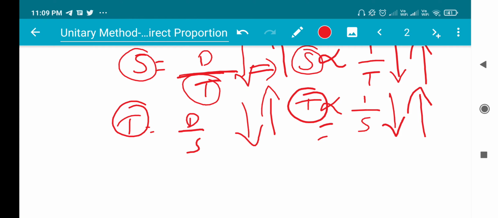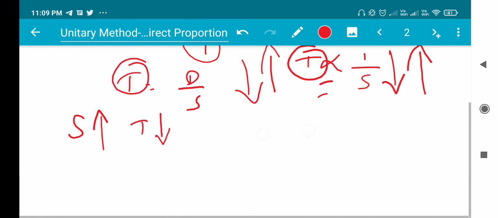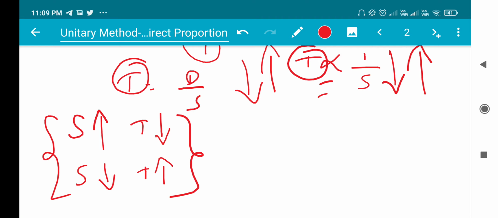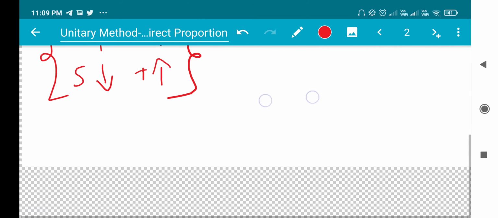If speed is increased, time will decrease. If speed is decreased, time will increase. Regard this point, this is inverse proportion. Based on this we have to solve the given problem.